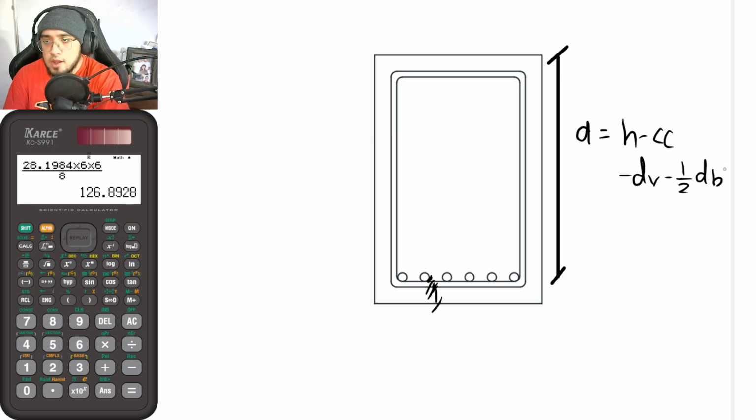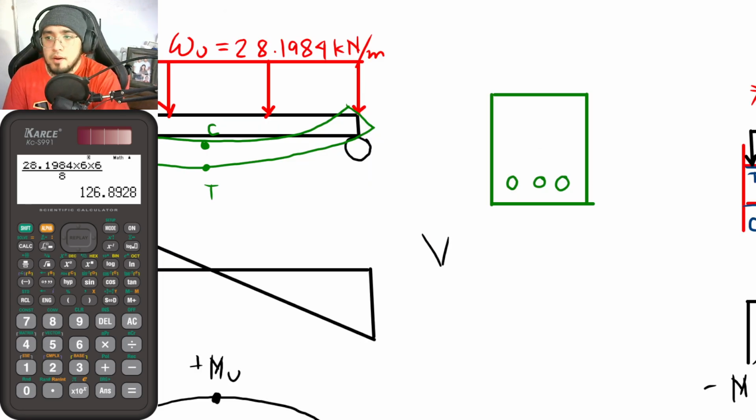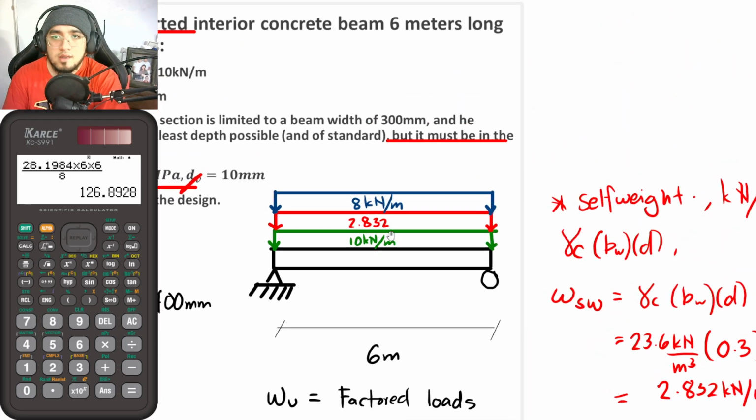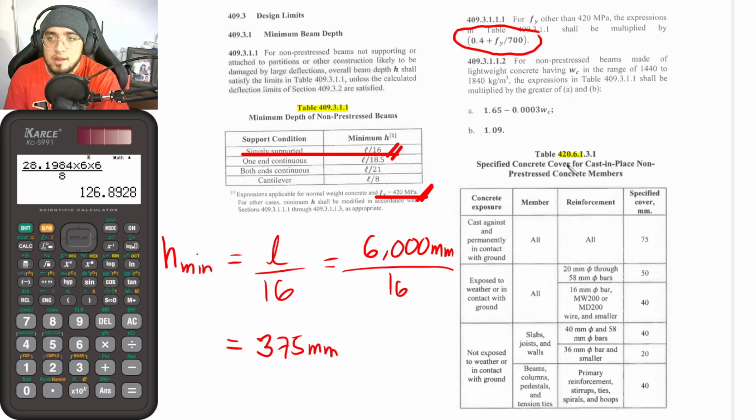Okay, so we already know the diameter of the bar and the diameter of the stirrups, but what about for the concrete cover? So for the concrete cover, it is indicated in the problem that, where is it? So it is indicated in the problem that it is a simply supported interior concrete beam. So looking at this table according to NSCP, that is table 420.6.1.3.1. So this is now our table for the specific concrete cover.